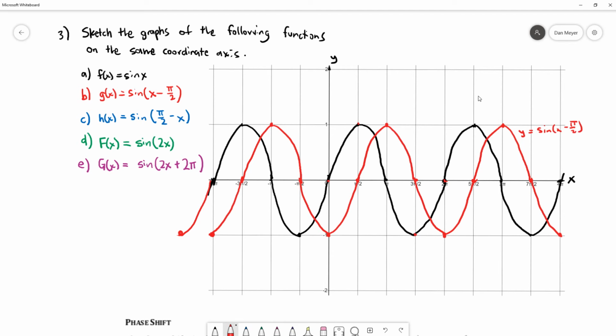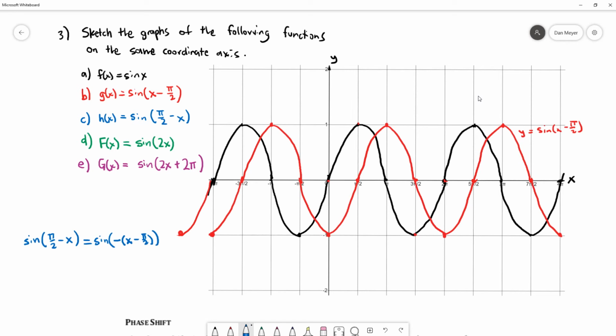In C, we got pi over 2 minus x, and I'm going to use a little bit of algebra as well as some formulas for negatives. This is the same as sine of negative x minus pi over 2, if I factor out a minus sign and rearrange the order on the inside.